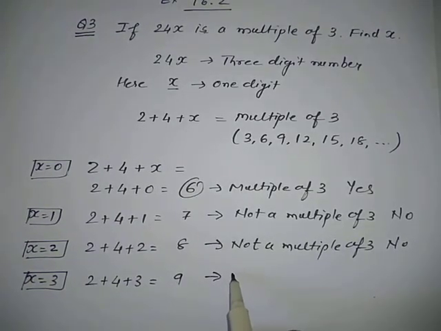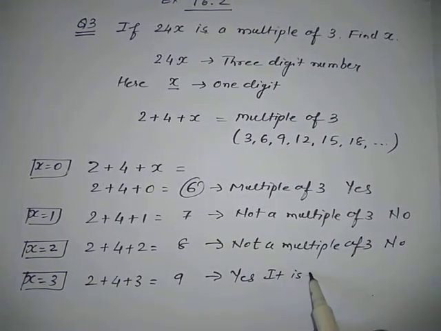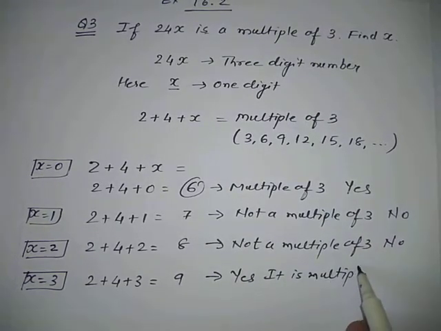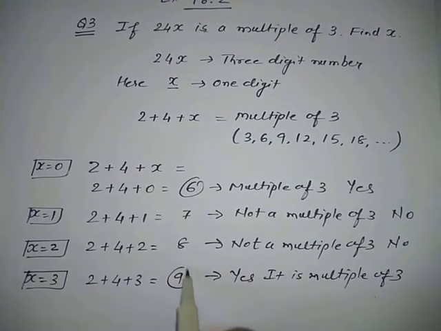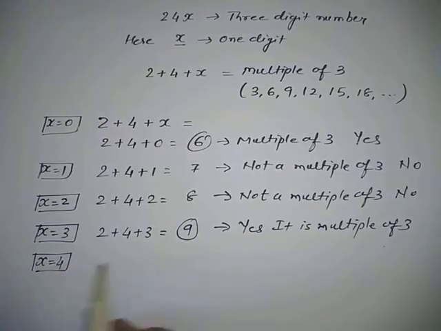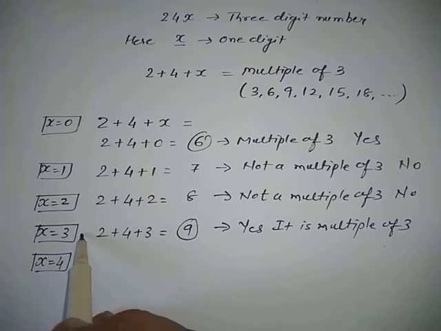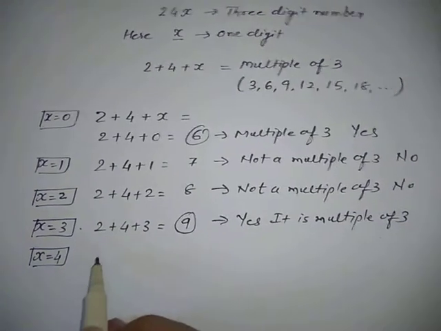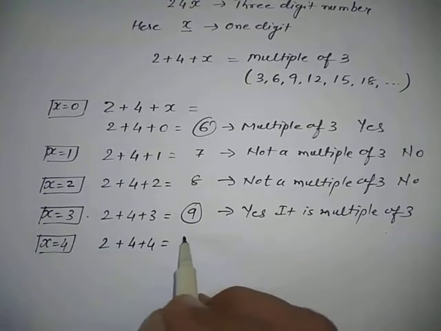Then x is equal to 3, we take 2 plus 4 plus 3, 6 plus 3, 9. Yes, it is a multiple of 3, the summation is 9. Same way we can go for x further, because it is a single digit number. So 2 plus 4 plus 4 will be 10.